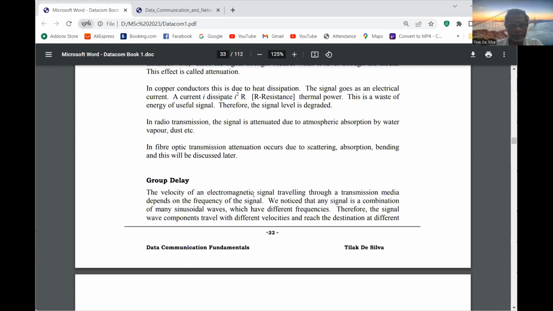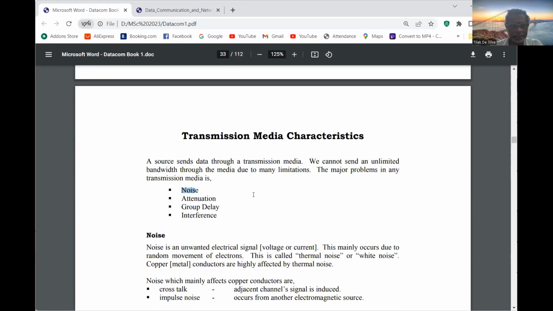Now, as a result of this, when you are sending the digital signal, actually the digital signal is not transmitted into free space. The digital signal is converted to an analog signal, and then the analog signal goes into free space. In free space, it mixes with noise and the signal can be attenuated.